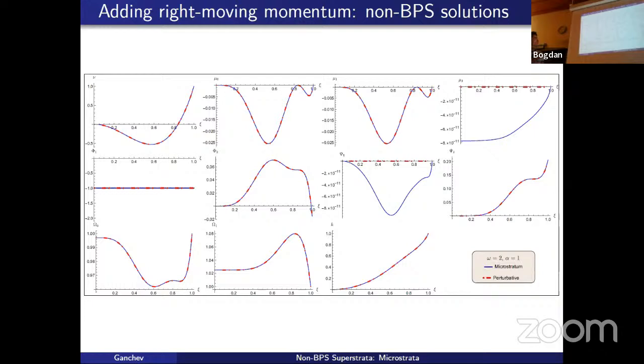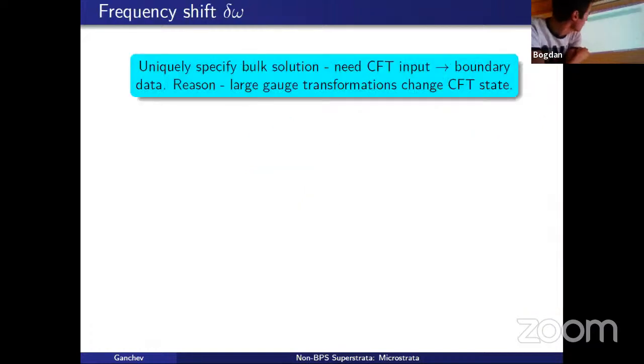The differences are around 1%. If you go higher in alpha, the differences become much bigger. In particular, if you're close to 2, the perturbative solution is fairly far away from the numerical one. And it becomes very hard to do numerics as well. Okay, so this was that.